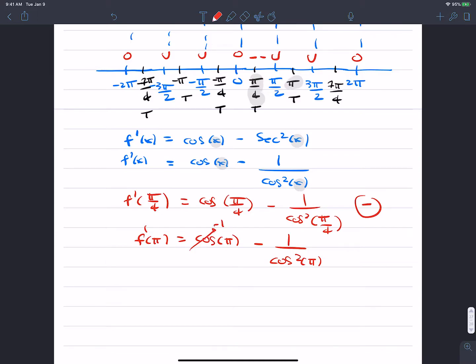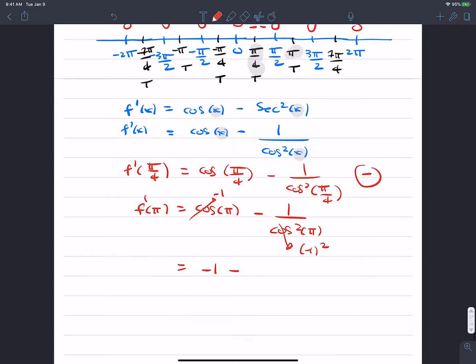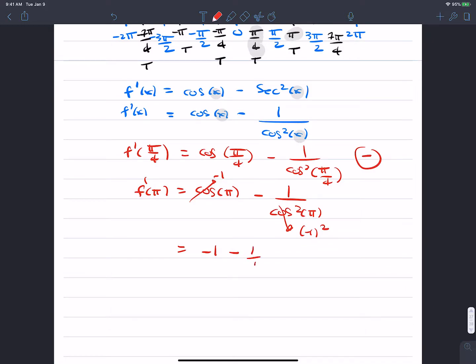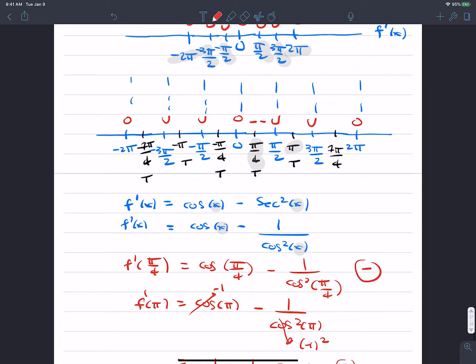And this portion is negative 1 squared. Is that right? So I'm going to get negative 1 minus 1 over 1. Is that true? So what does that give me? That's going to be negative 2. Is that right? So it's negative. Okay, I got a negative here for this test point.